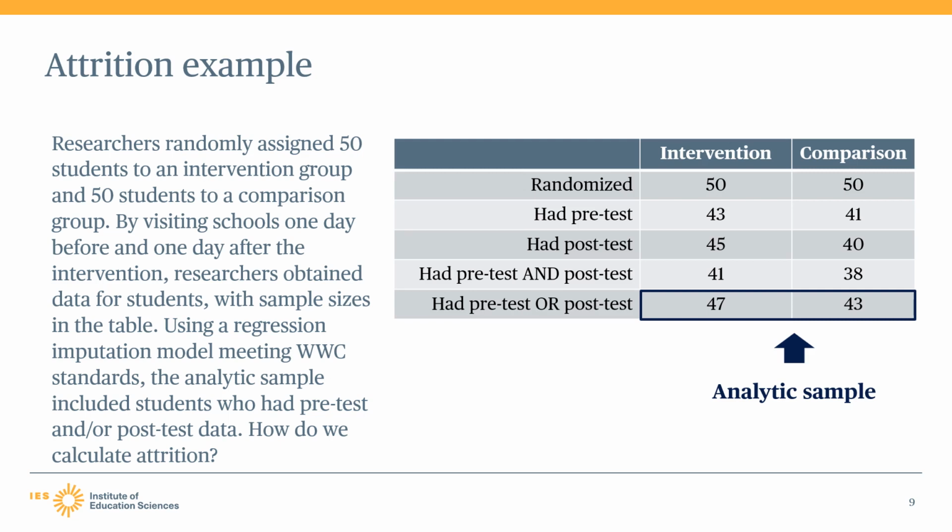By visiting schools one day before and one day after the intervention, researchers obtained data for students in various combinations, with their sample sizes reported in the table on the right. Using a regression imputation model meeting WWC standards, the analytic sample included students who had pre-test and/or post-test data. How do we calculate attrition for this example?